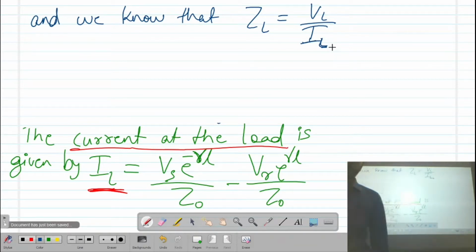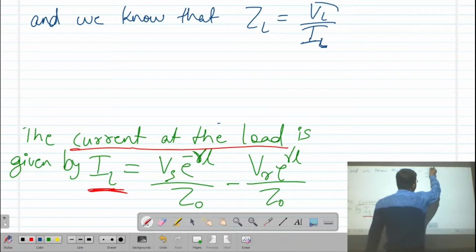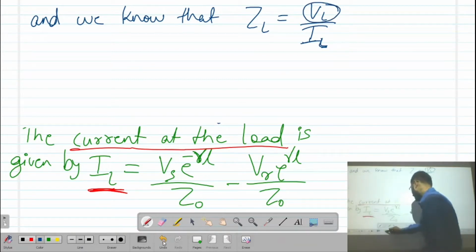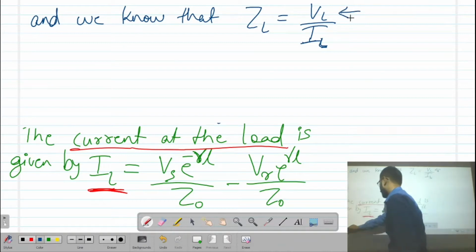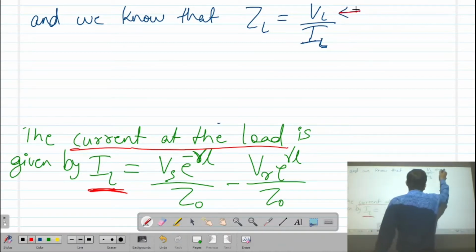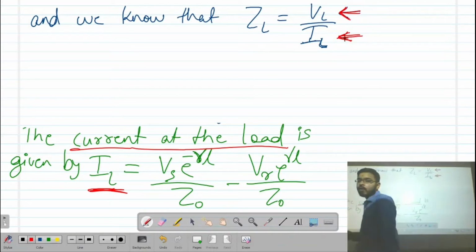Now what we are doing is substituting the value of VL and IL in this equation.